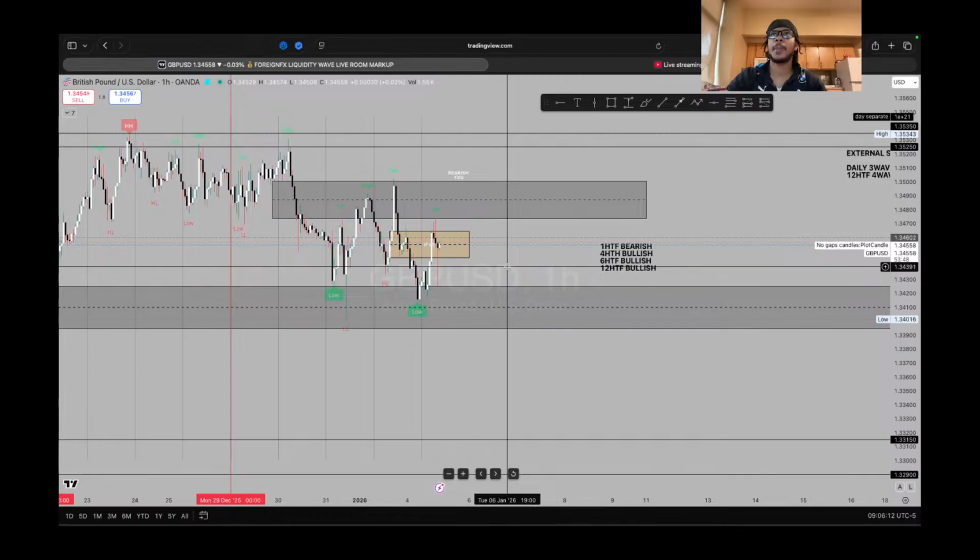Honestly for me we're still bullish. We're still bullish. We failed to break this low, so that's good.